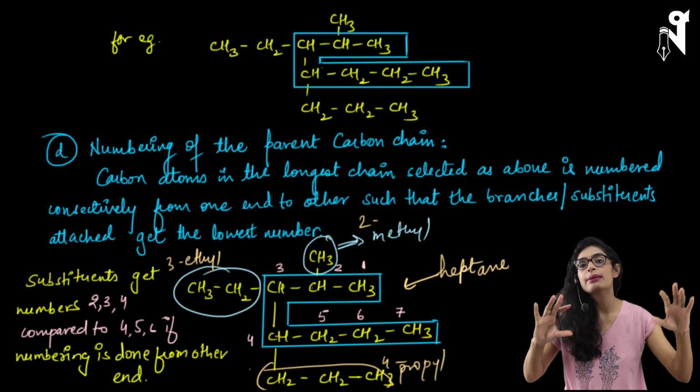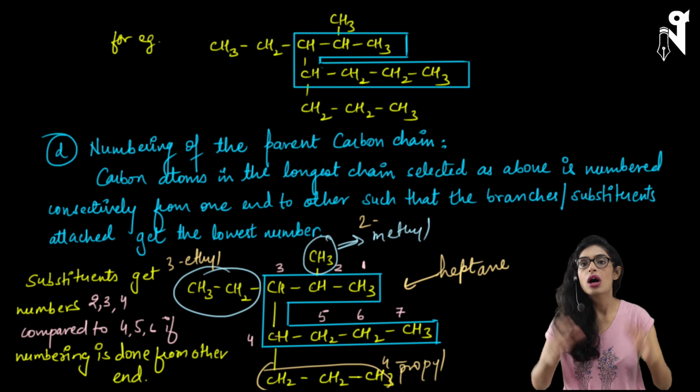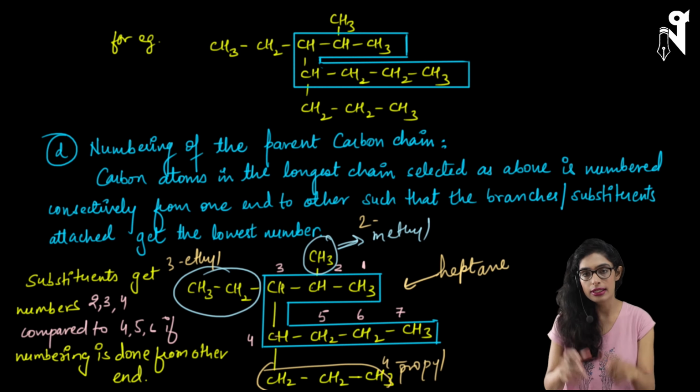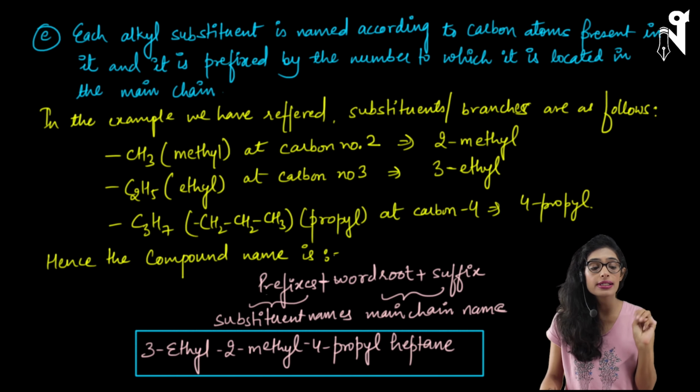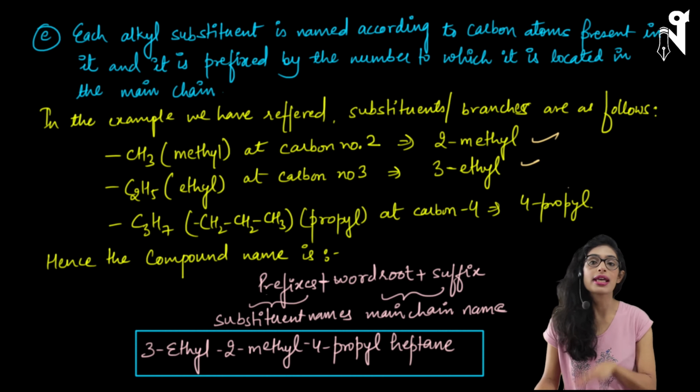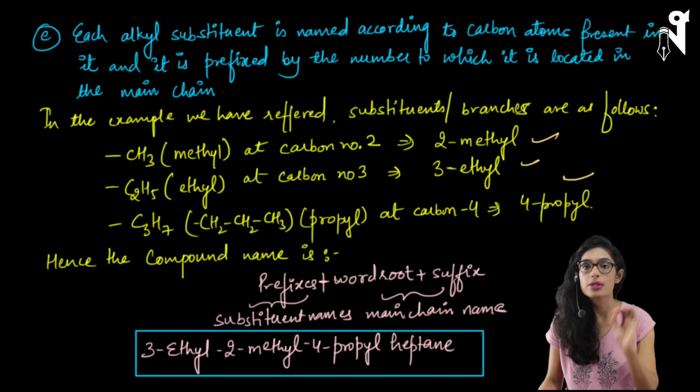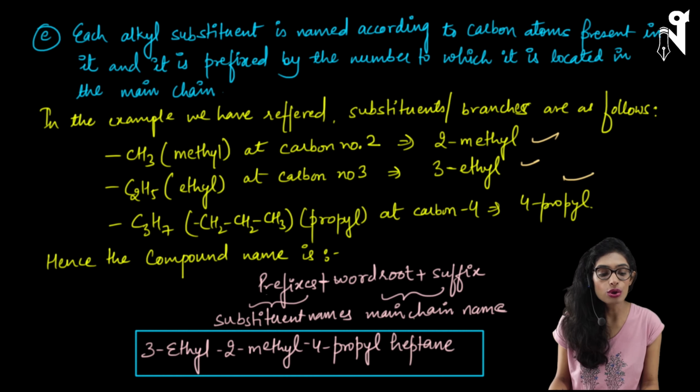I know the individual names of the branches and the parent chain now. How to write it? Let's understand. So now I know my carbon chain has three branches. One is ethyl, one is methyl, and one is propyl, with their positions. And the principal chain has the name heptane. The rule of naming a compound is that you should write prefixes.